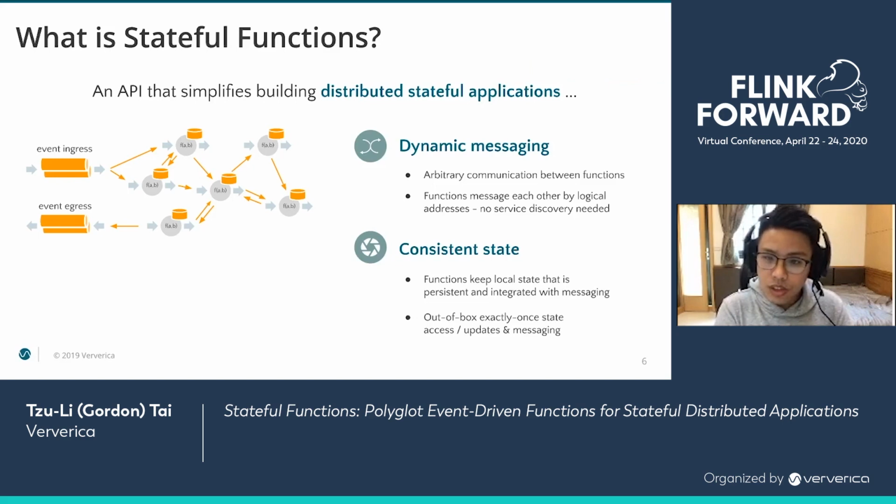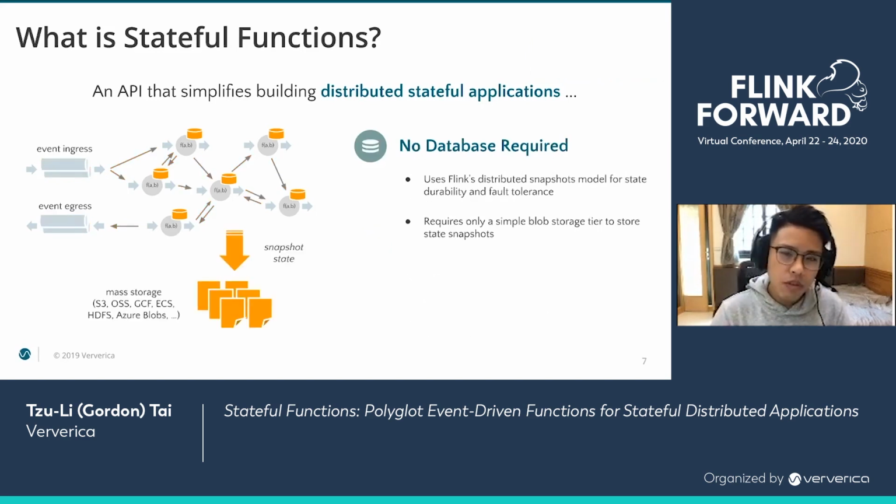Here we can see ingresses, application state, and outputs delivered from the application via event egresses. If you are coming from a Flink background and know that Stateful Functions applications run on top of Apache Flink, you probably would have already guessed that the strong consistency semantics provided by Stateful Functions is realized based on Flink's distributed state snapshotting model.